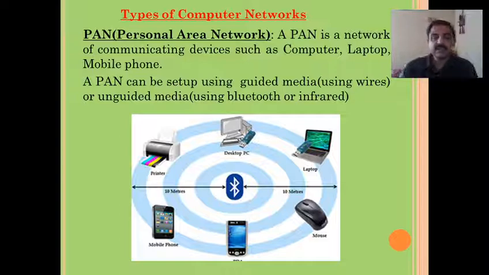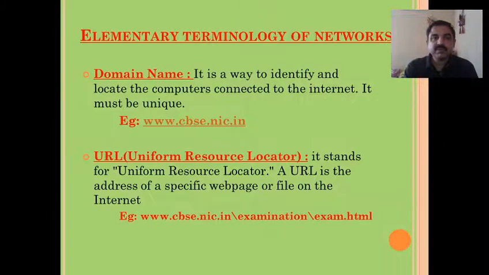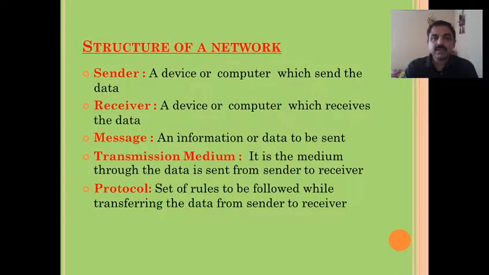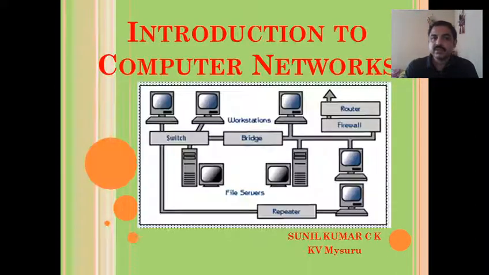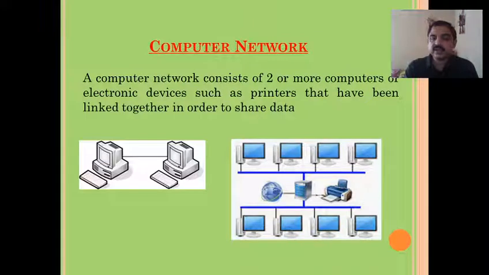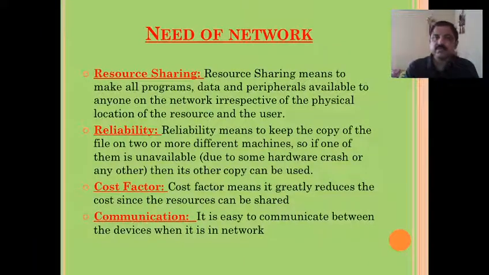Here, we saw what a network is, what its advantages are, what the types of networks are, and some terms related to network. Computer network is nothing but connection of two or more computers or electronic devices. The main purpose of the network is resource sharing, reliability, cost factor, and communication.